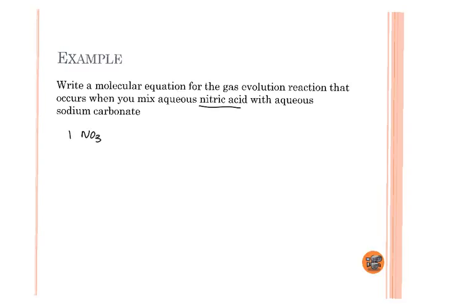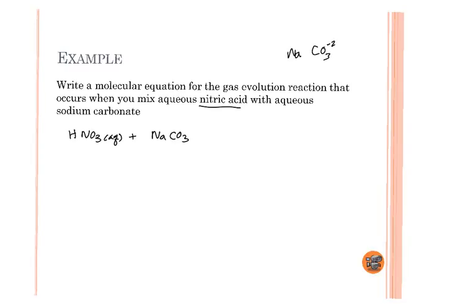Now we need to add sodium carbonate. Remember, the carbonate is -2 and the sodium is +1, so that means I need 2 sodiums for every 1 carbonate to balance out the charge.